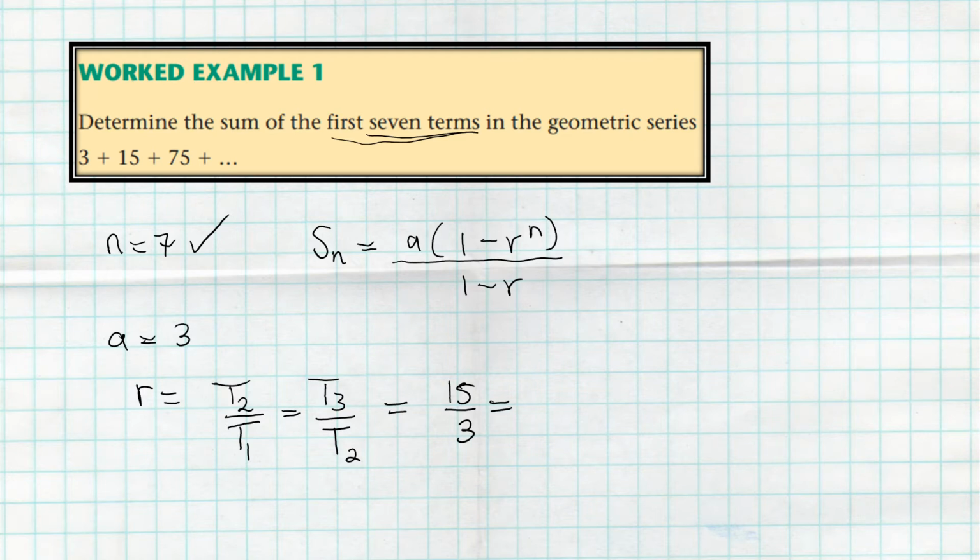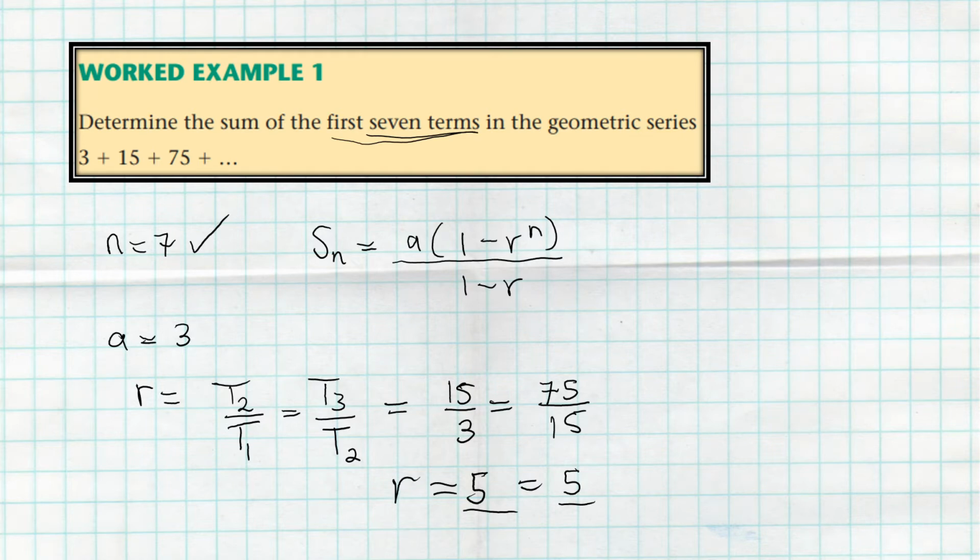This must be the same as T3, which is 75 divided by 15. They must give us the same answer because this is a common ratio, so the ratio must be common. 75 divided by 15 is also 5. Therefore, we can see that our common ratio is 5.